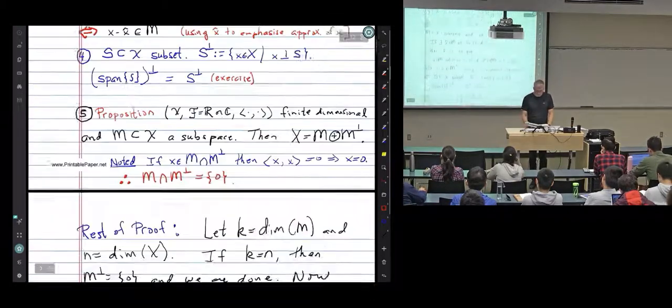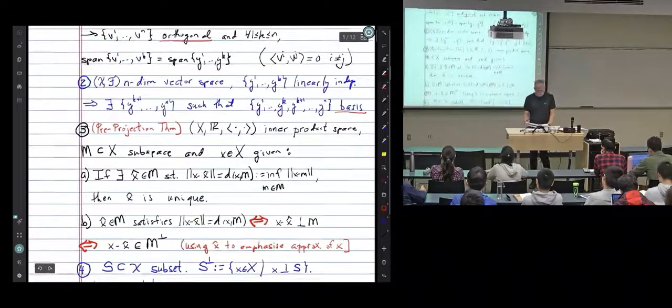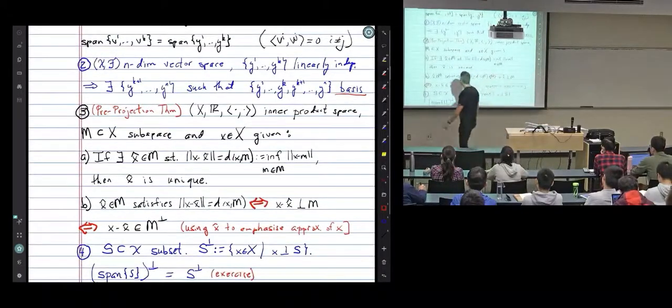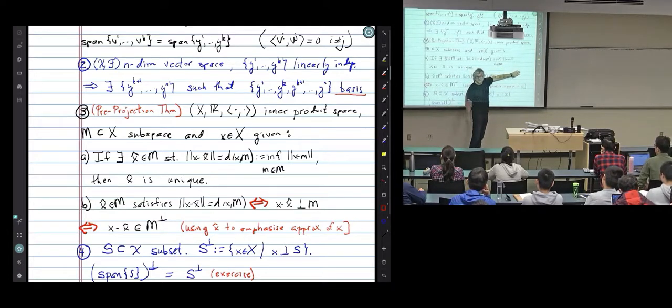So this actually completes the projection theorem. We'll write it down. The thing is, we don't know if this x hat exists. We know this is how we find it. So x minus x hat lives where? In M perp. It's orthogonal to M. So if I just write x as equal to a part in M and a part in M perp, because it's a direct sum, then this is the part in M perp, and the other part that's in M, we're done.